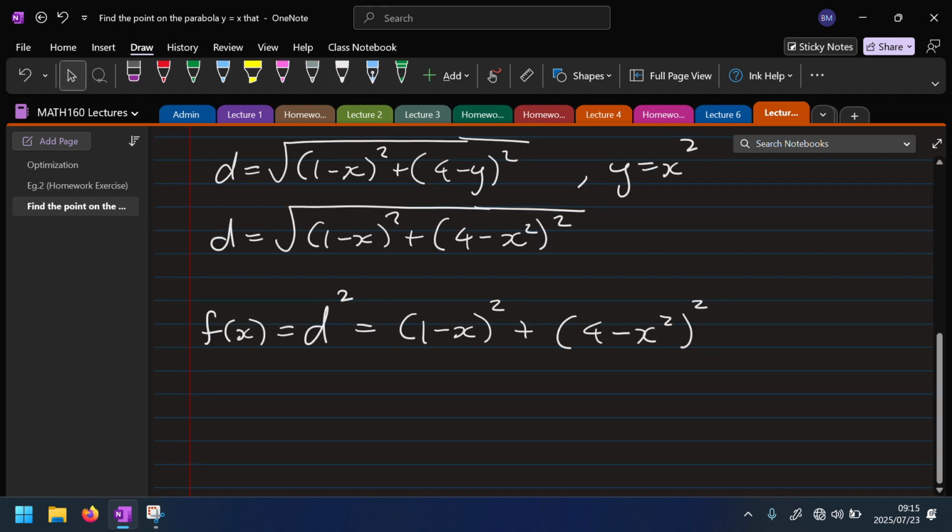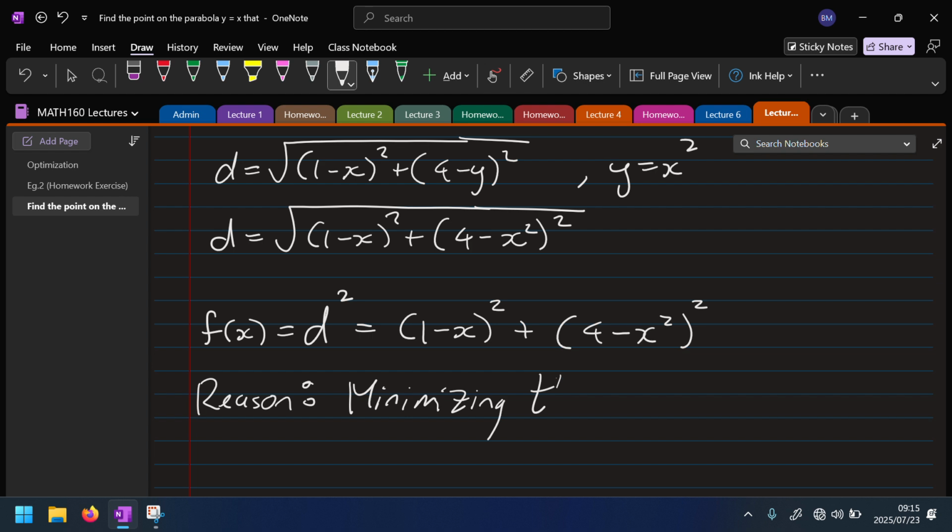Okay, so why can I do this? The reason is minimizing the distance is equivalent to minimizing the distance squared.